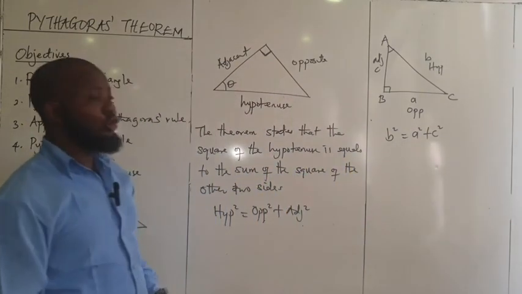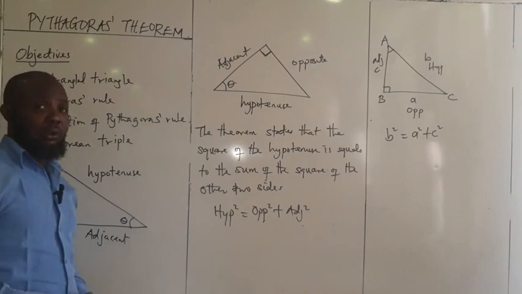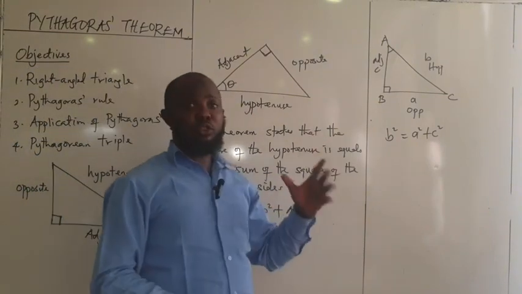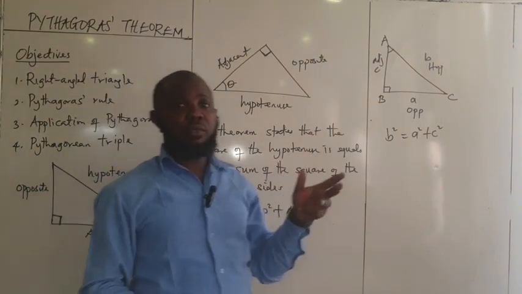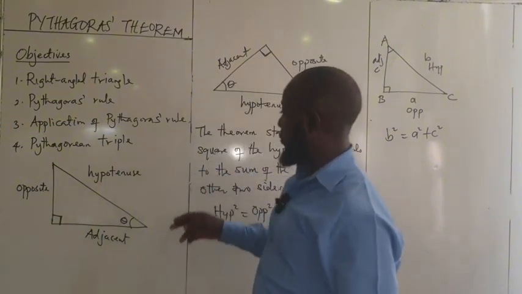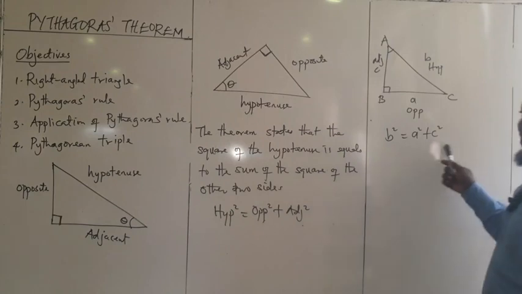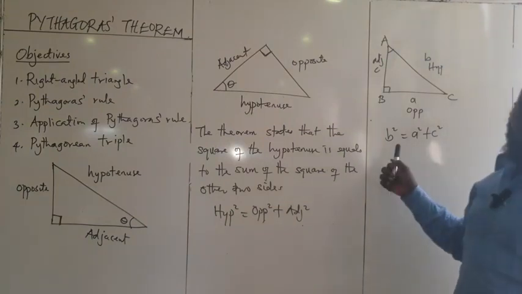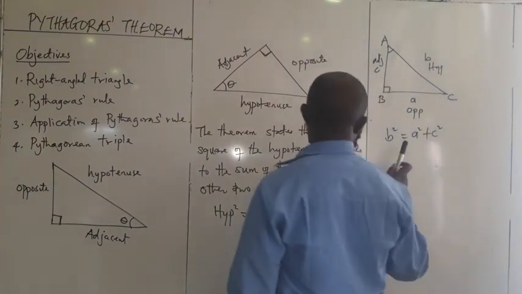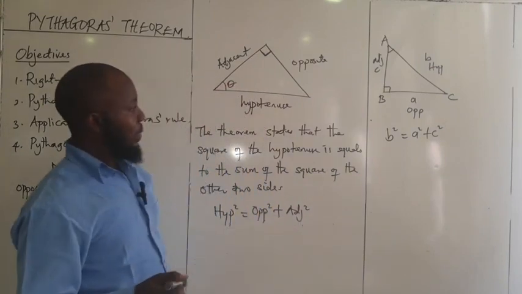Now, one thing you're going to notice about this Pythagoras theorem is that it is used to find sides of a right angle triangle, because everything we have there deals with sides. You cannot use it to find angles.